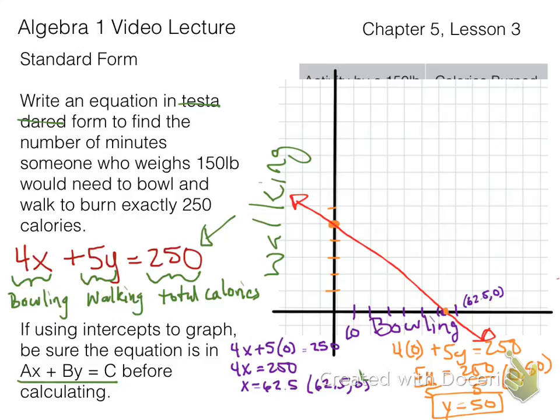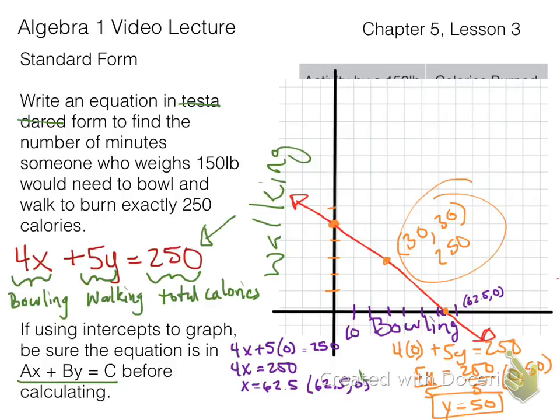Or I could walk 50 minutes and not bowl a single thing and burn 250 calories. Or, my graph's not perfect, but that kind of looks like it's a point, which means I could bowl for 30 minutes and walk for 30 minutes and I'd still burn 250 calories.